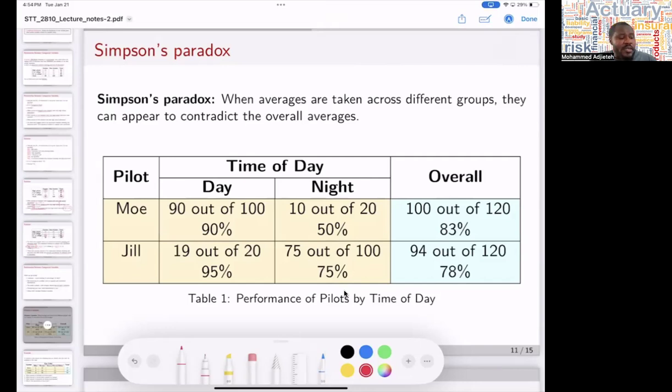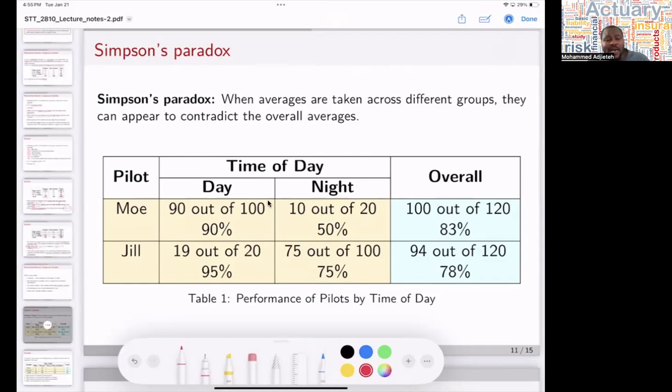In this table, we have two different pilots, Mo and Jill, and here are the on-time flights by time of the day.